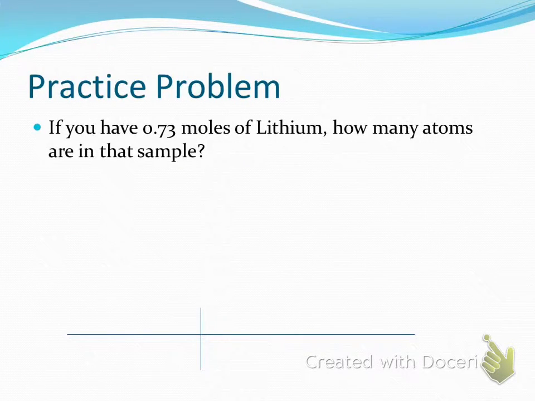0.73 moles of lithium. How many atoms are in this sample? Okay, this is a regular conversion, a regular T-chart type problem. We're going to work it just like a regular practice problem. I'm not going to walk it through the PowerPoint.